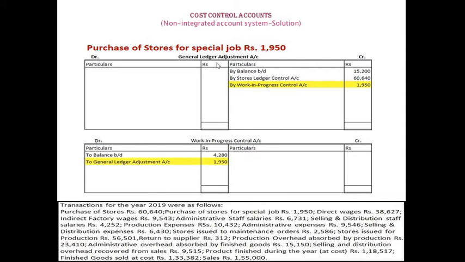In the general ledger adjustment account credit side, work in progress control account debit side to general ledger adjustment account 1,950.